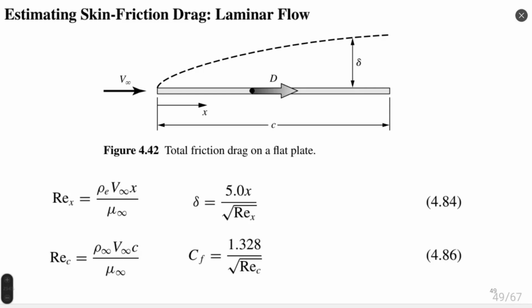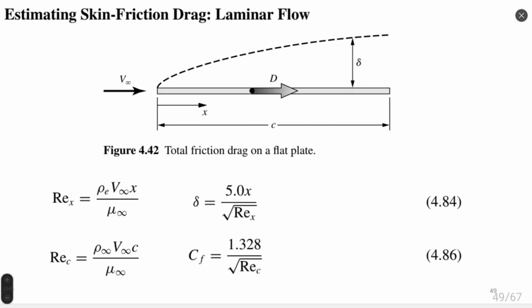thickness and friction coefficient are proportional to some constant coefficient and reverse proportional to the Reynolds number. In case of thickness, this Reynolds number is calculated by coordinate x. And in case of friction coefficient, since it's a characteristic for complete airfoil, Reynolds number is calculated by chord size.